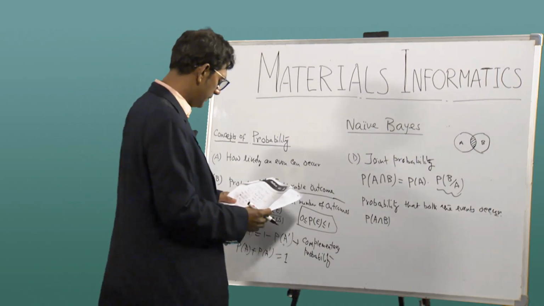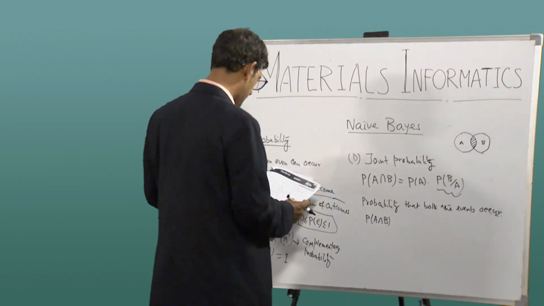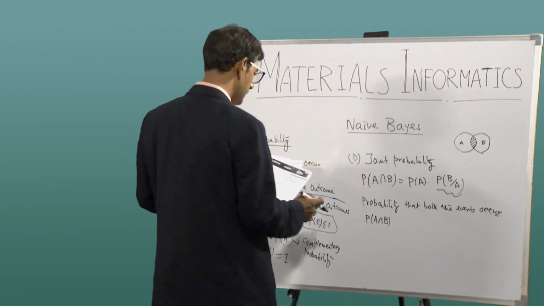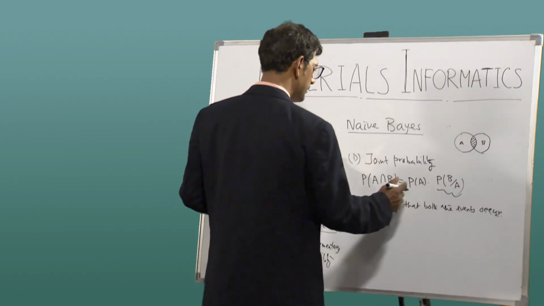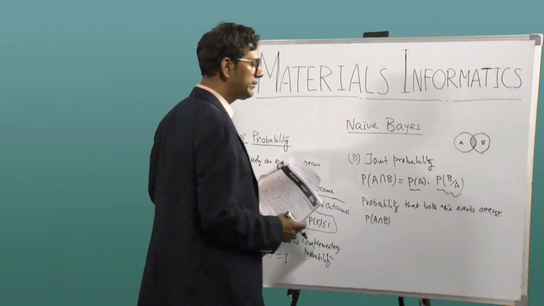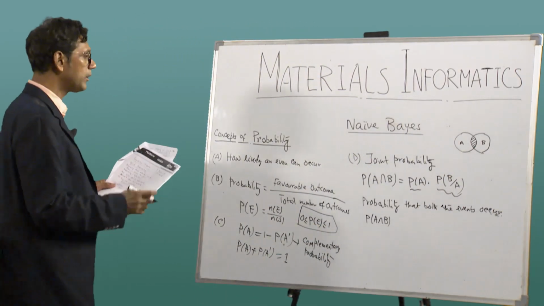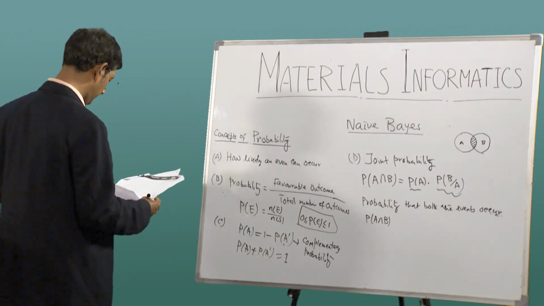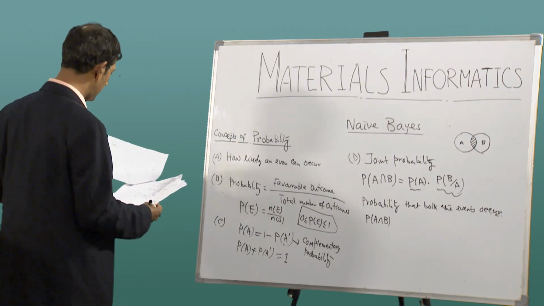So, this basically can be written like this, P(A) times P(B by A), and we will then talk about what is B by A now. Am I clear?